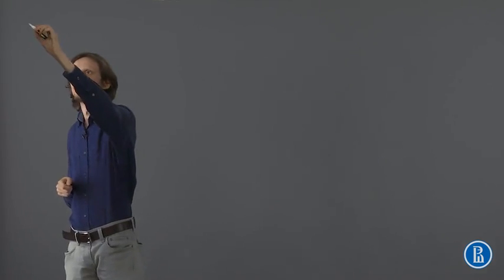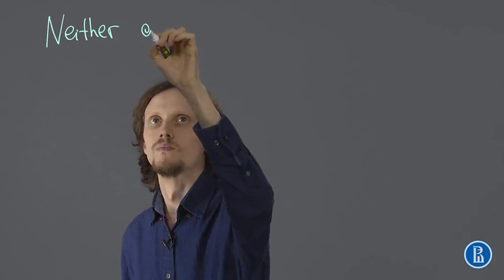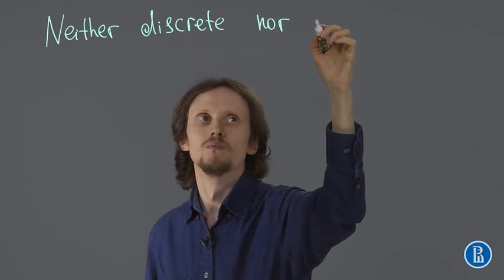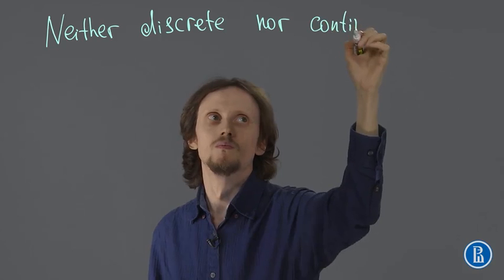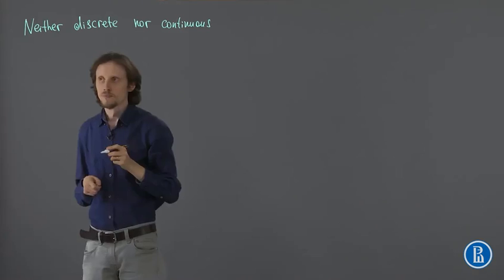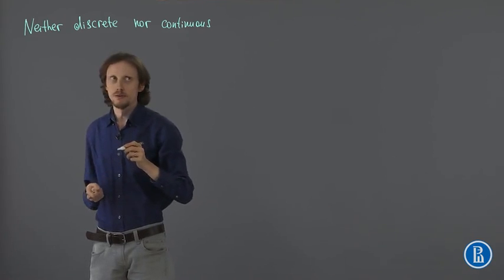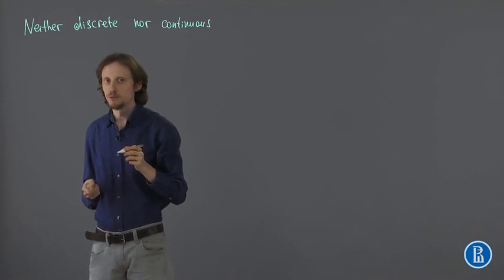So let us discuss them in brief. We begin with a continuous random variable which is distributed according to a normal distribution.